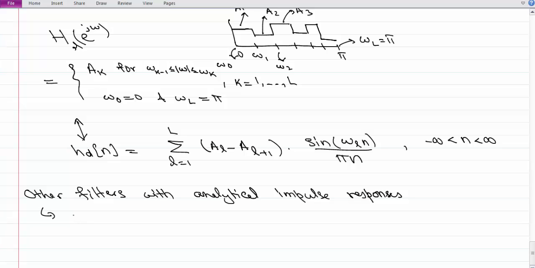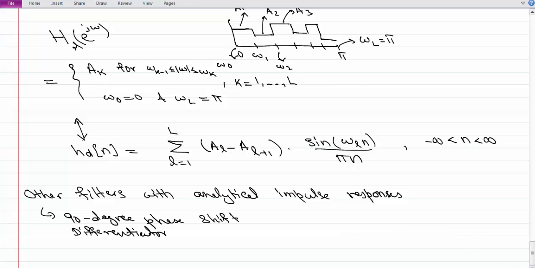They include the 90-degree phase shifter, differentiator, and so forth. They are given in the text, but the basic idea is the same. Once you compute the impulse response, then you select a value of the length of the FIR filter that you are interested in, and then you window it.